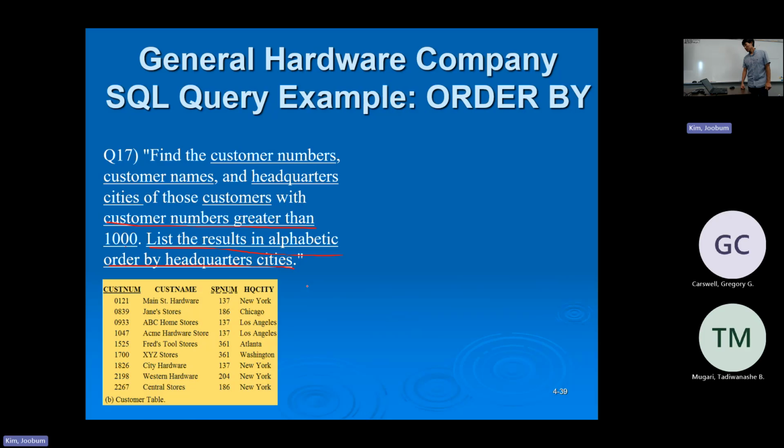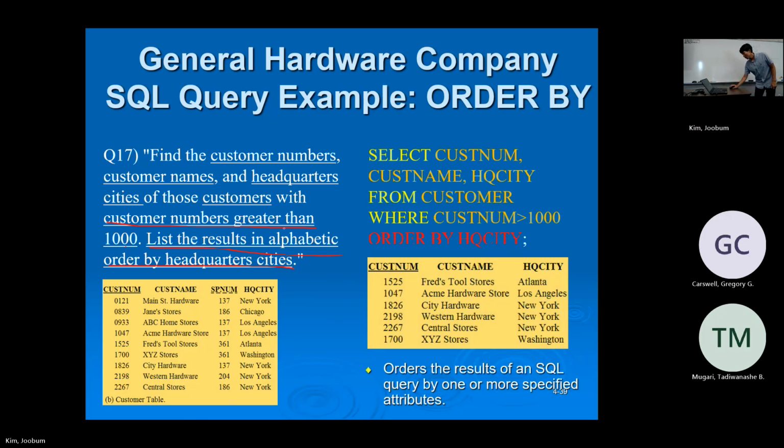Select customer number, name, HQ city from the customer table where customer number is greater than 1,000. And then we add one more option, order by headquarters city.